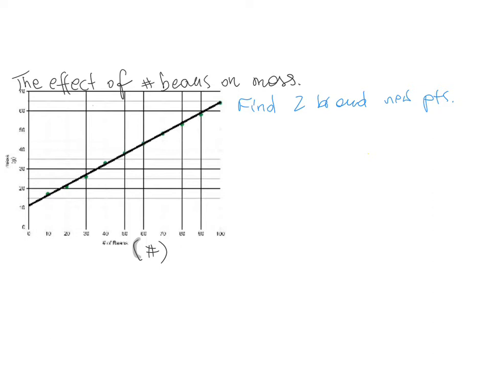I always like to find points that are easy to read because I don't want to have to do a whole lot of work over here. So I'm going to pick this point right there.